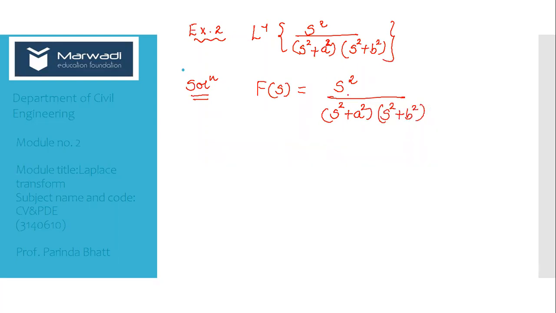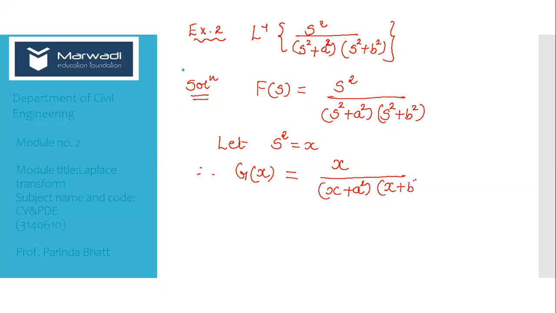Now again here this s square power is similar. Therefore, let s square equal to x. Therefore, g of x equal to x upon x plus a square into x plus b square, by partial fractions.